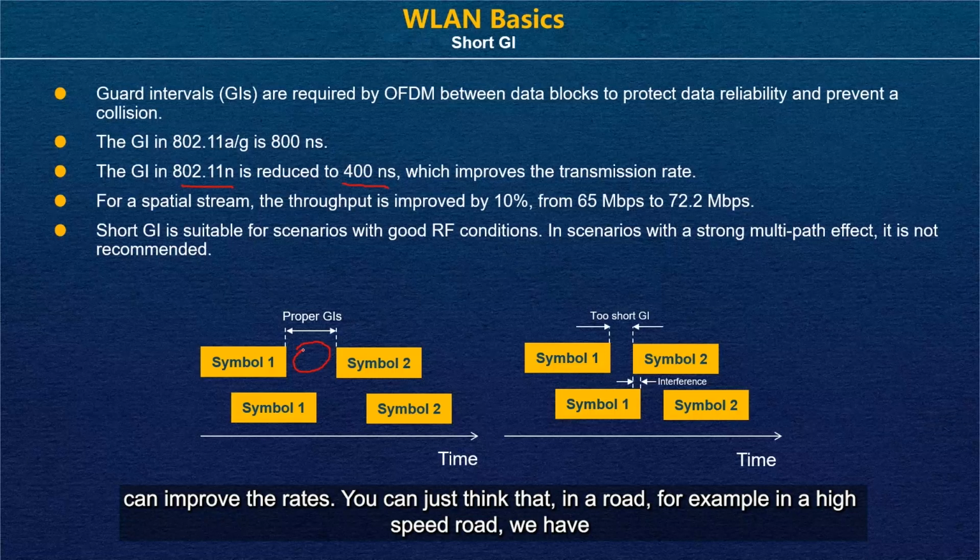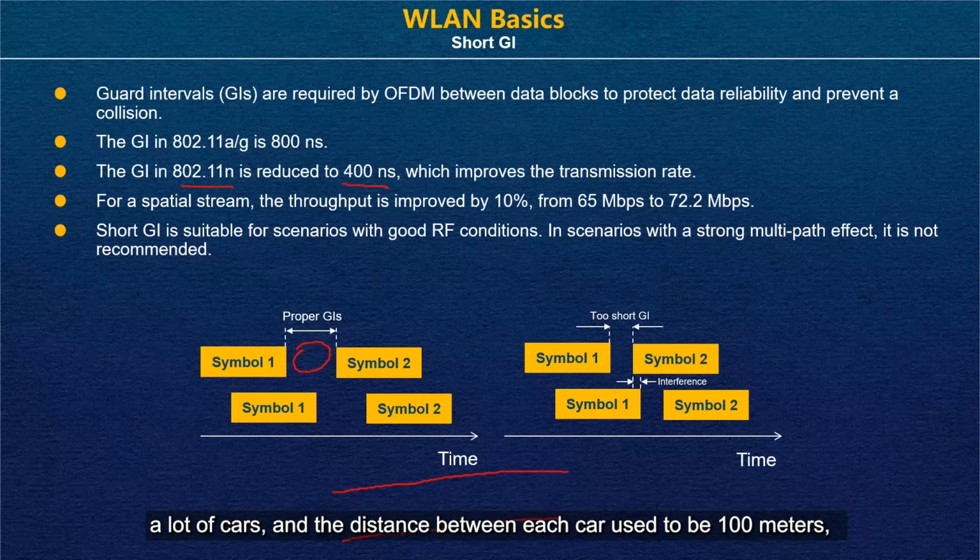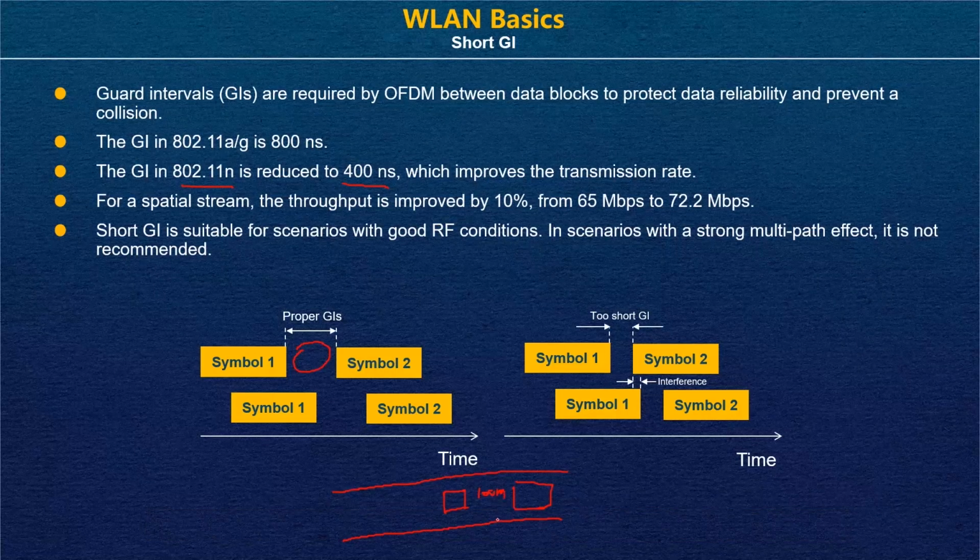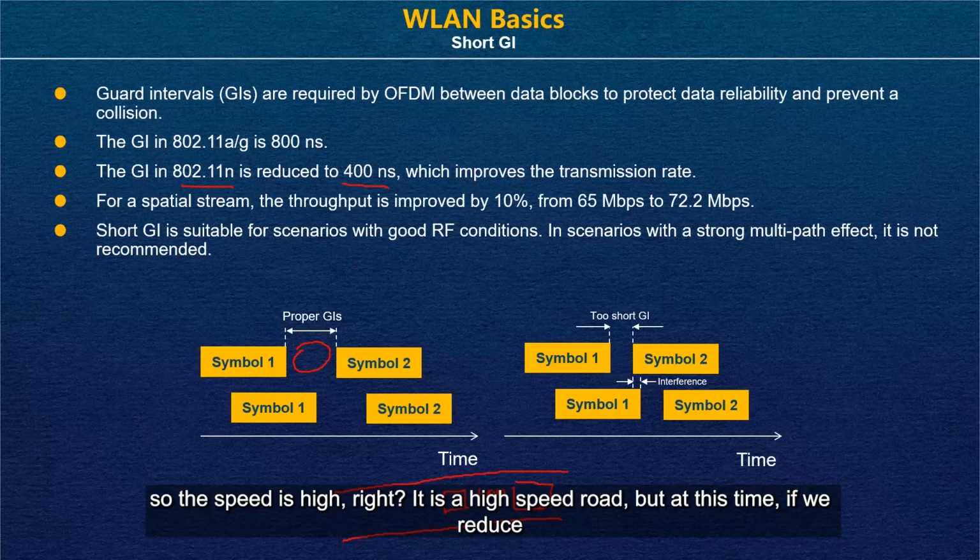You can just think that on a road, for example, a high-speed road, we have a lot of cars, and the distance between each car used to be, for example, 100 meters. So the speed is high, right? It's a high-speed street.